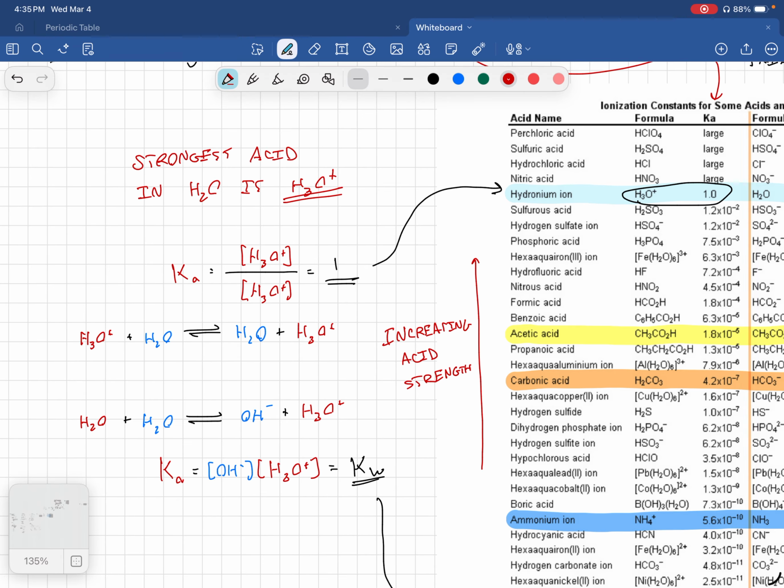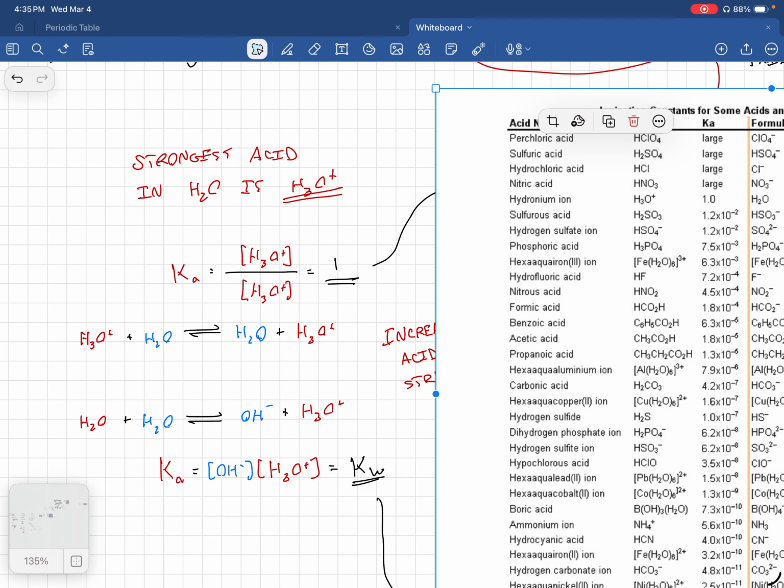Anything stronger just becomes hydronium. So if we put HCl in, it just gets 100% converted to hydronium and Cl minus. If we put in nitric acid, same difference. Anything that's a stronger acid than H3O plus just becomes H3O plus in water.